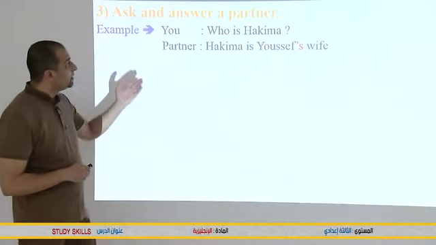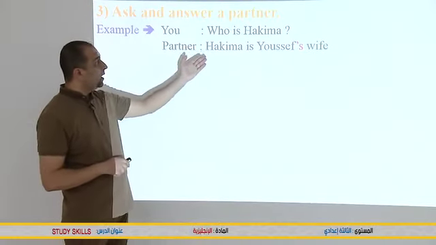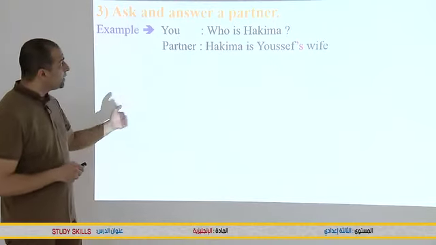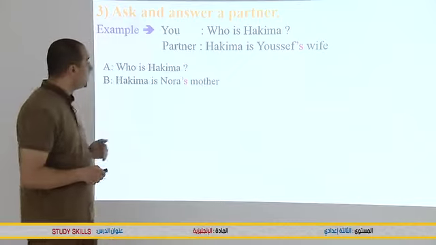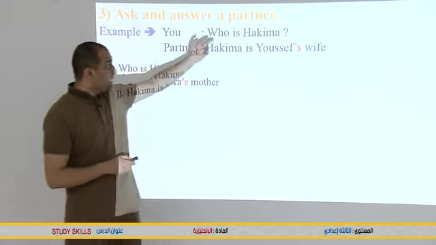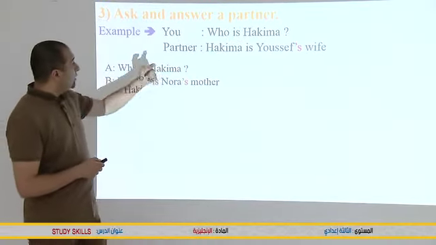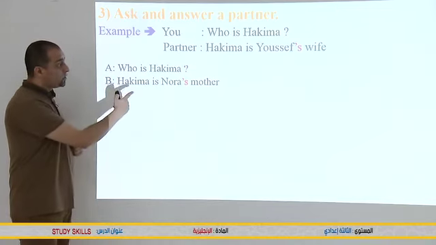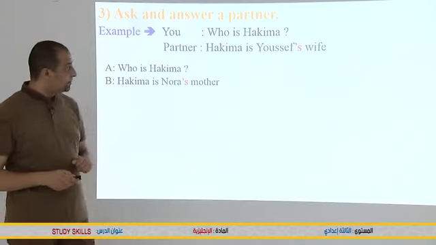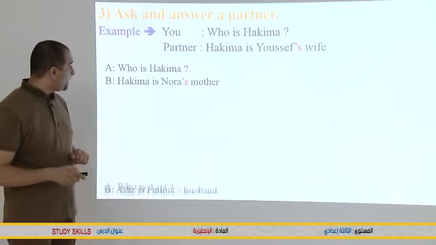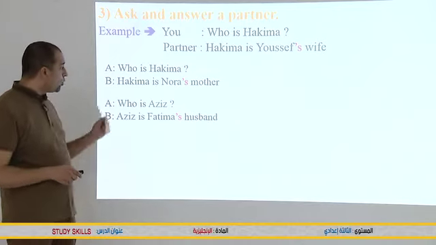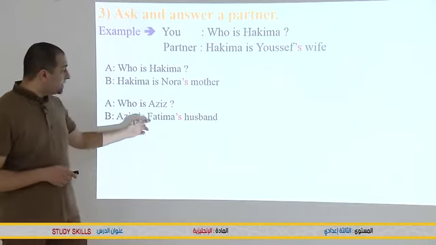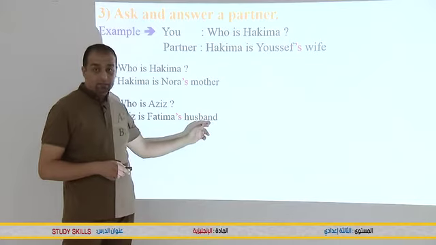I repeat, who is Hakima? Hakima is Yusuf's wife. Another question and answer: who is Hakima, but in relation to Nora? Hakima is Nora's mother. Another example. Who is Aziz? Aziz is Fatima's husband.